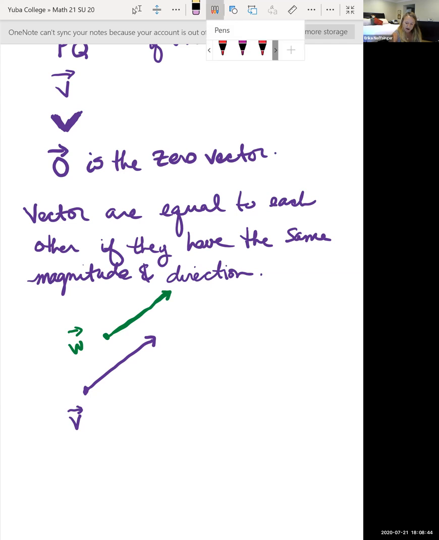It doesn't matter where it is, just as long as it's going the same direction and the same length. It's a little off.